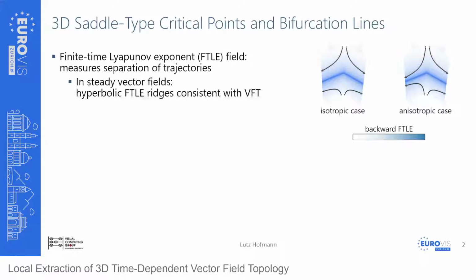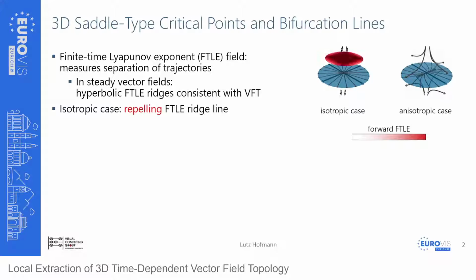For steady vector fields, the hyperbolic ridges in the FTLE fields are consistent with the invariant manifolds of steady vector field topology. If we first consider the case of a saddle type critical point where the two negative eigenvalues are equal, then the forward FTLE field exhibits a ridge line.